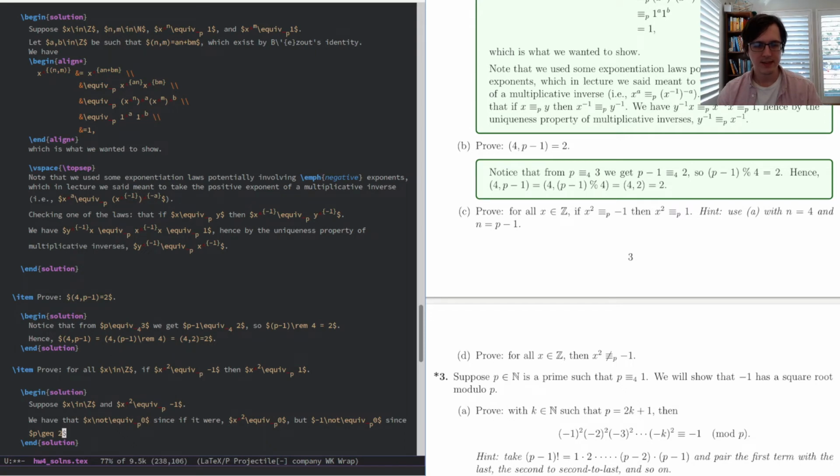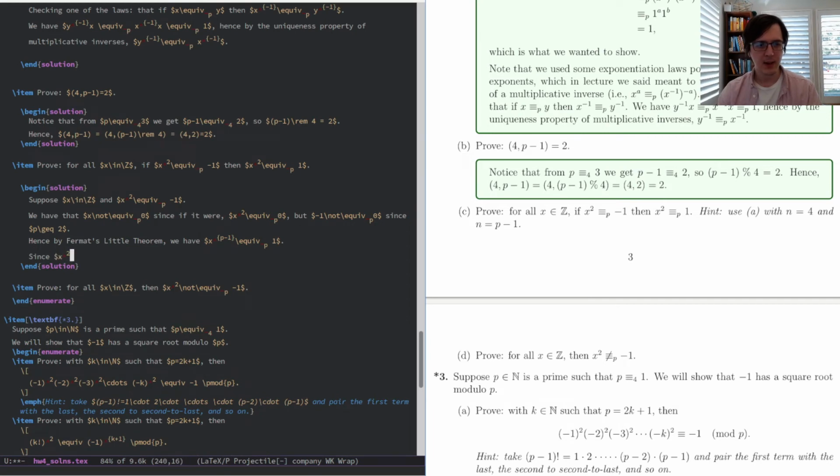Hence, by Fermat's little theorem, we have x to the p minus 1 is equivalent mod p to 1.